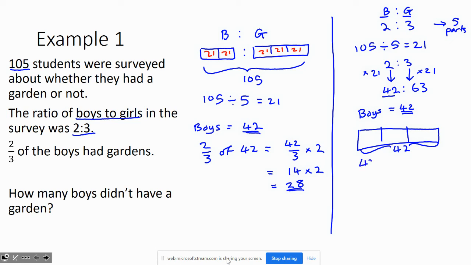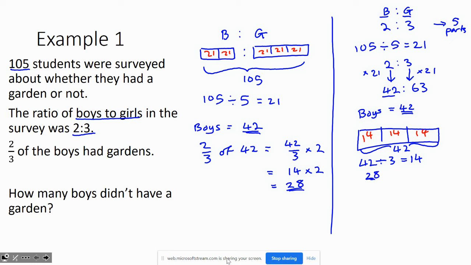We can do 42 divided by 3 to give us 14, which means that each of these thirds are worth 14, which means we have 28 boys who had gardens.